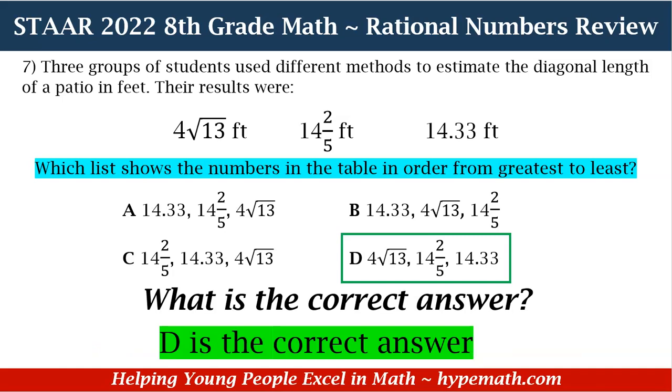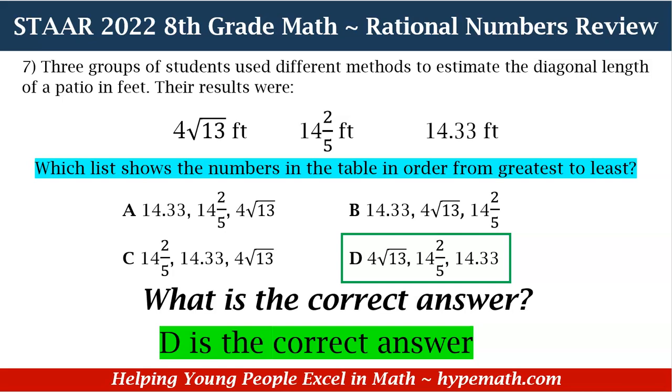If you said D, you're absolutely correct. Our numbers are ordered from greatest to least with 4 in the square root of 13. Then we have 14 and 2/5. And last we have 14.33. Okay, and that is it for that number.